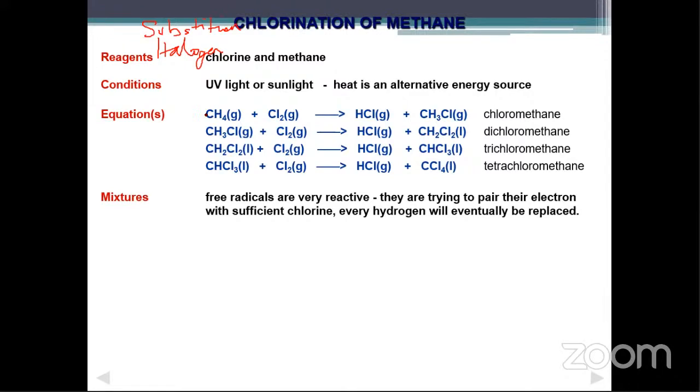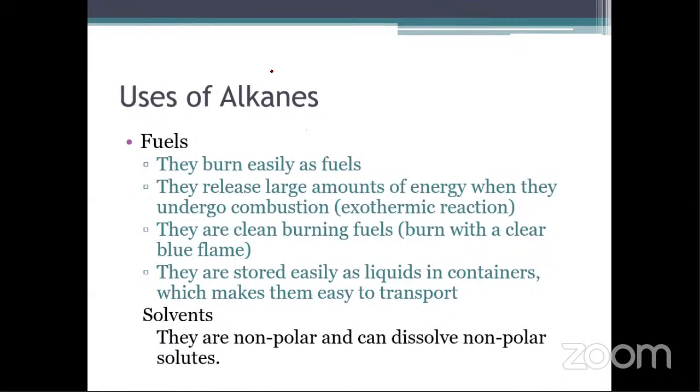So one of the hydrogens comes off, and you get HCl and chloromethane. Then the second time you do it, you get dichloromethane, then trichloromethane, then tetrachloromethane. Right? And if you did the homework, I asked you to do it with bromine. So I hope you did.